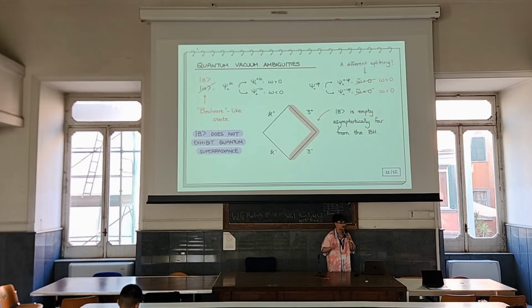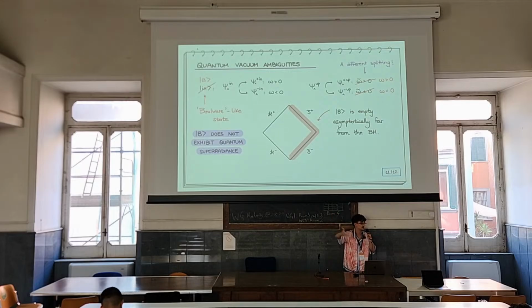And the answer is that we would have obtained another state, the Boulware state. The Boulware state is empty asymptotically far away from the horizon, both in the past and in the future, so it doesn't exhibit quantum superradiance. So basically we have quantum ambiguities, and this is not strange in quantum field theory in curved space.